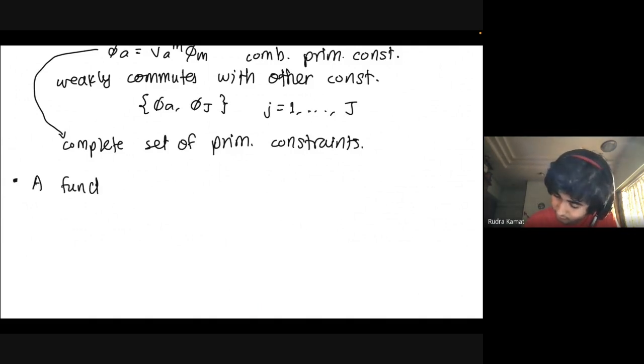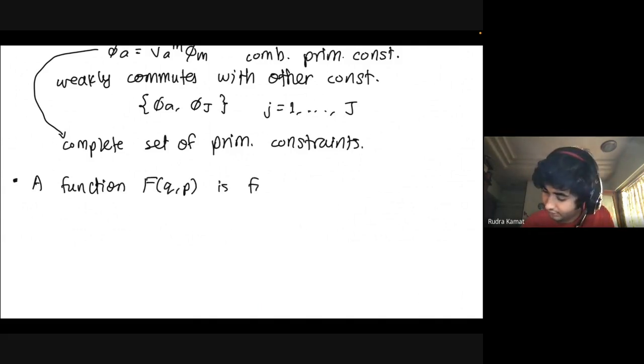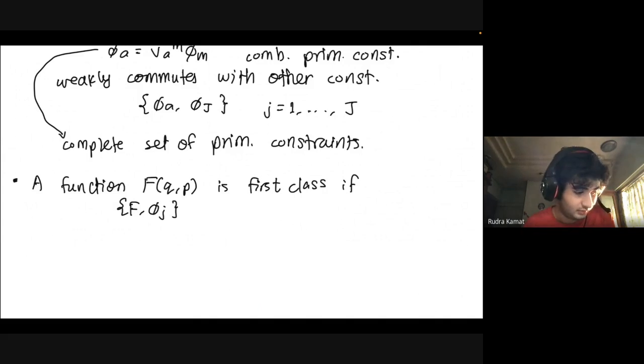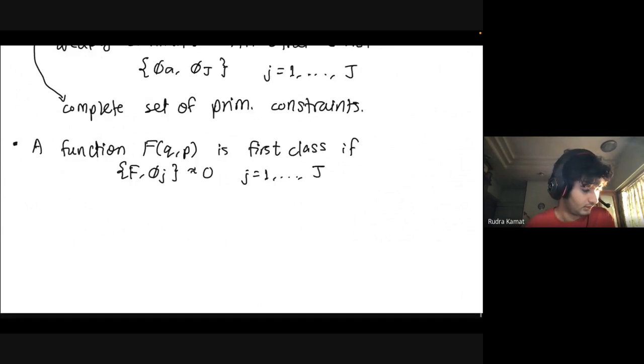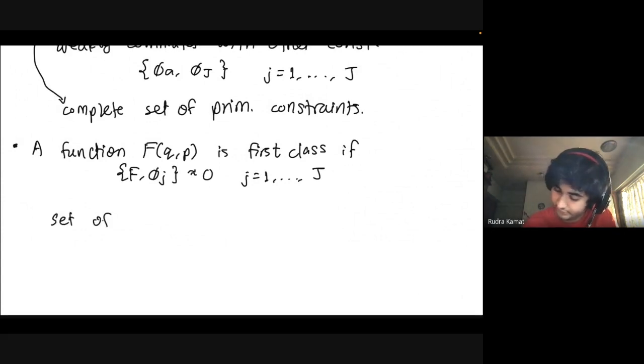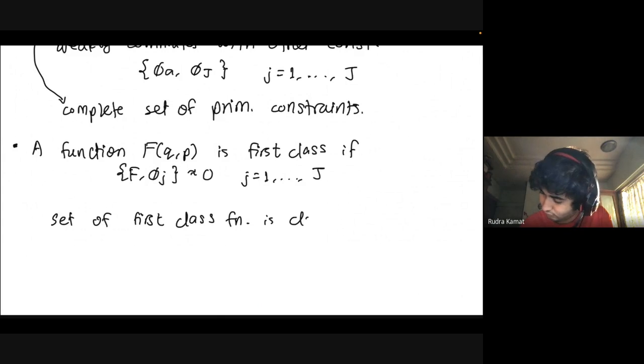A function f of q comma p is first class if the Poisson bracket of f with phi sub j is weakly 0 for j equals 1 to capital J. The set of first class functions is closed under Poisson bracket.